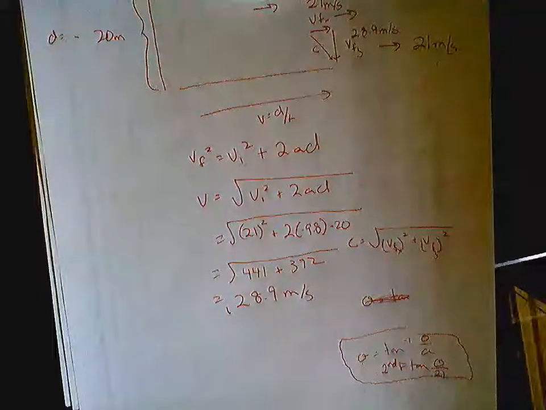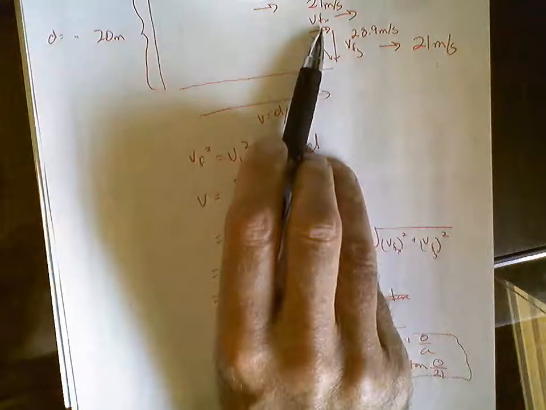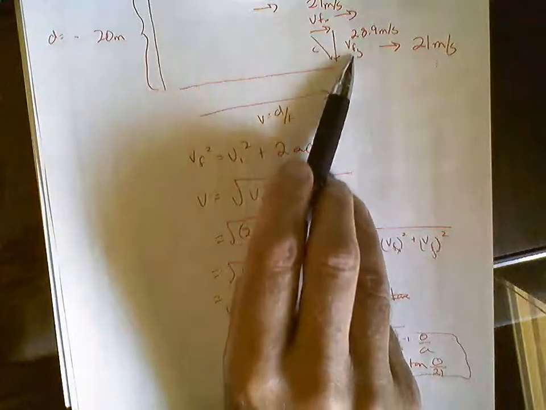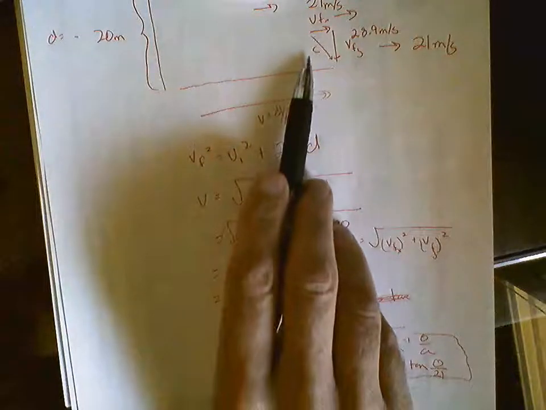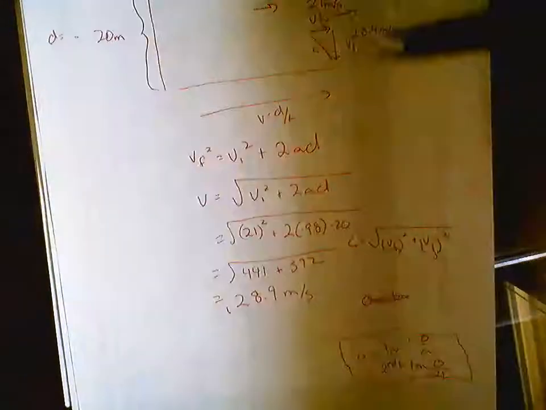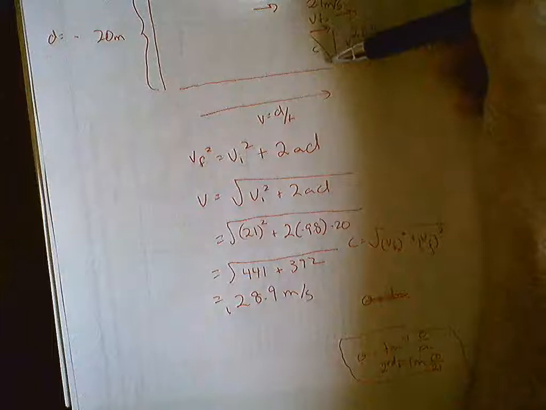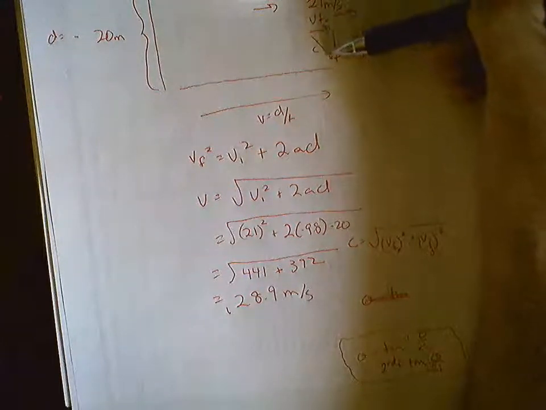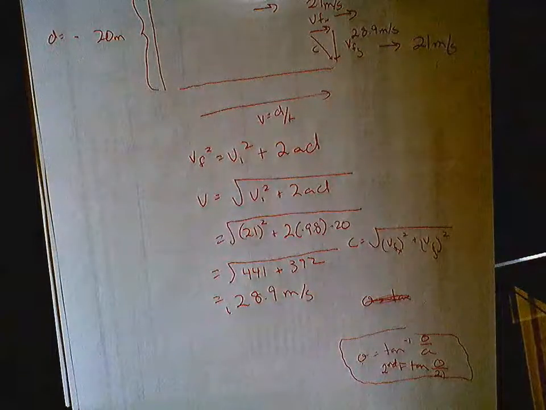So what you're going to have to figure out is how you get your VF, that was given from the beginning, VFX, the VFY, which we did with this calculation here, and you're going to have to figure out how to get your final velocity altogether. Because when the projectile comes down, it's not going straight down and it's not going straight across. It's on an angle. So you have to figure out what the angle is, and you have to figure out what that C value or velocity is. Other than that, the questions are the same.